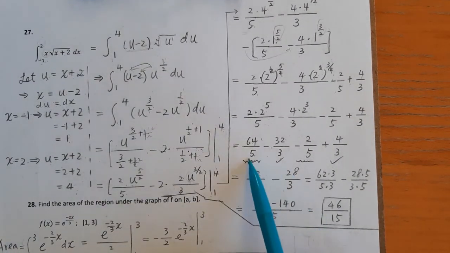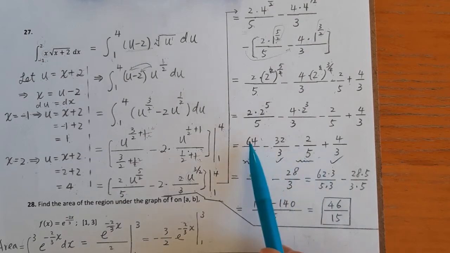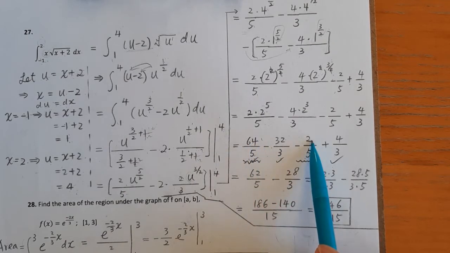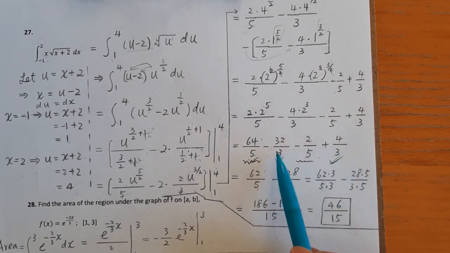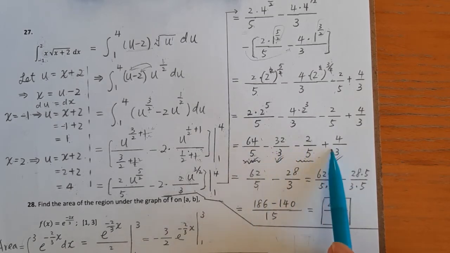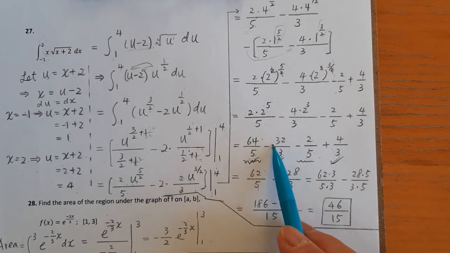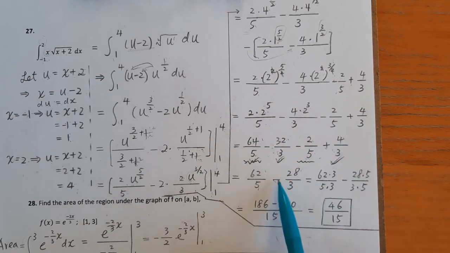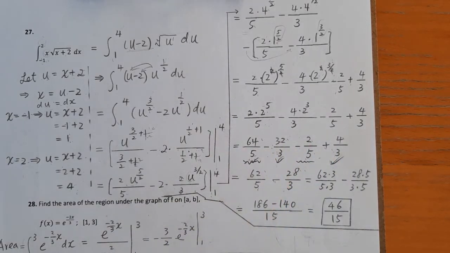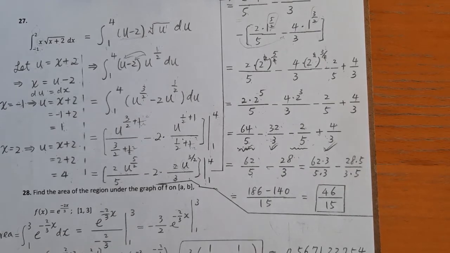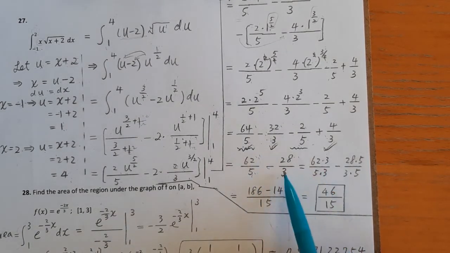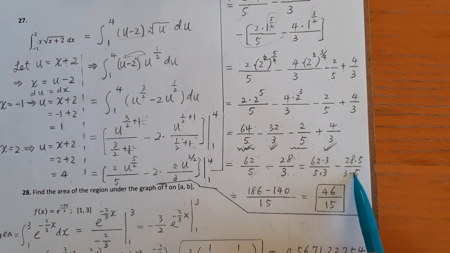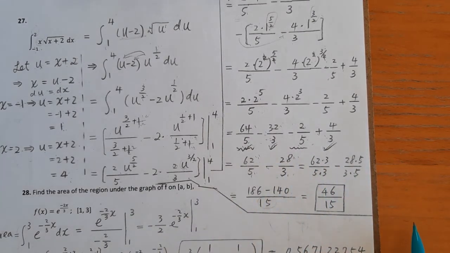Then same denominator 5: 64 minus 2 gets 62 over 5. Same denominator 3: negative 32 add 4 is negative 28 over 3. Then find the LCD, 5 times 3, which is 15.